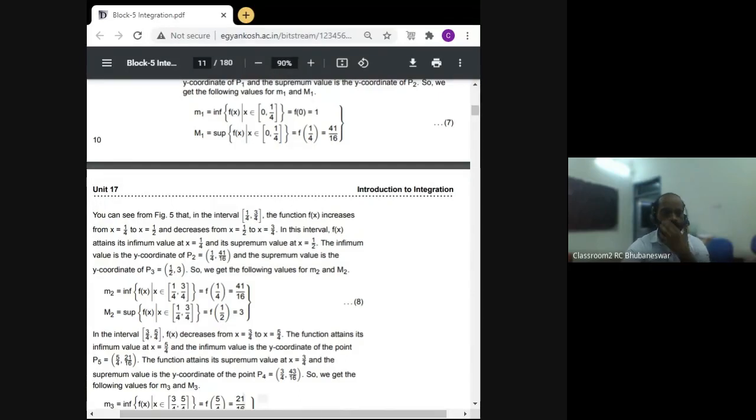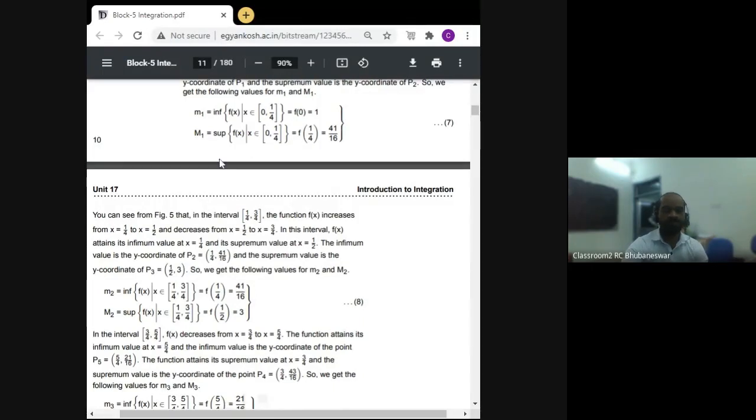If we observe the functional values, f(0) equals 1 is the minimum value inside this interval. So small m1 will be 1, because small m1 is the infimum of the function inside the interval 0 to 1/4.